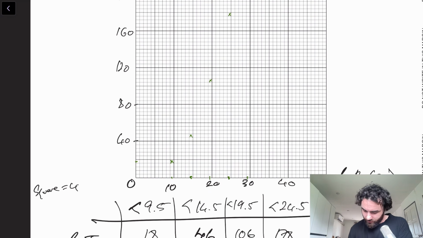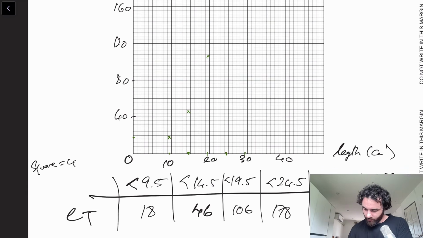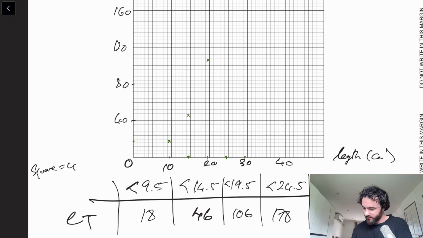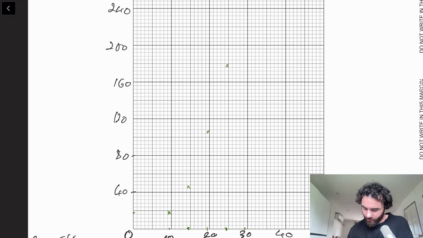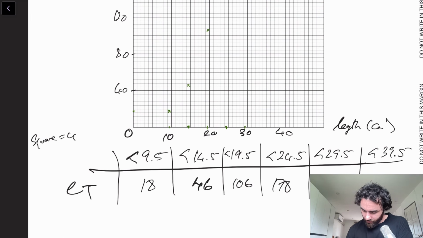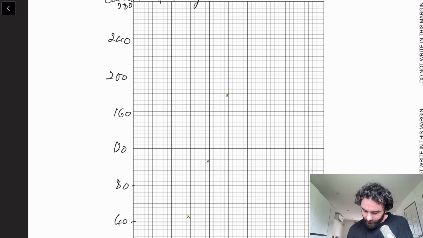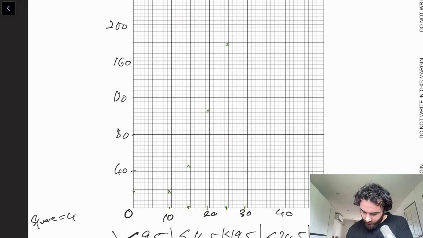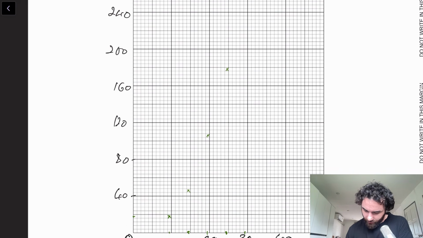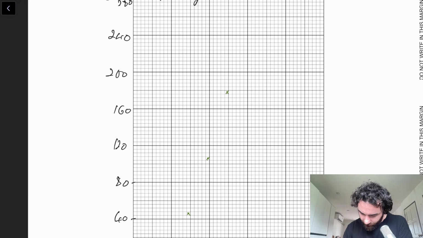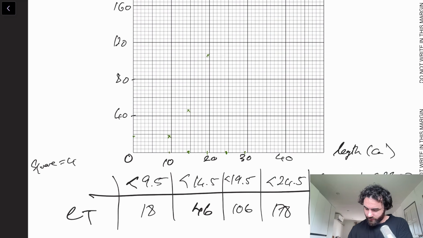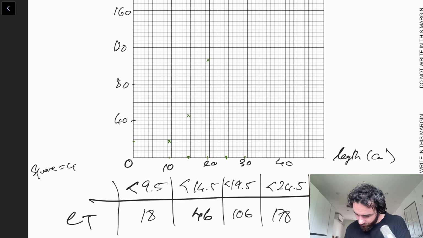And then 29.5 is here. And then we have 226. 226 divided by 4 is 56.5. Okay, 10, 20, 30, 40, 50, 56.5 is here. And then finally the last one is 39.5, which is here.